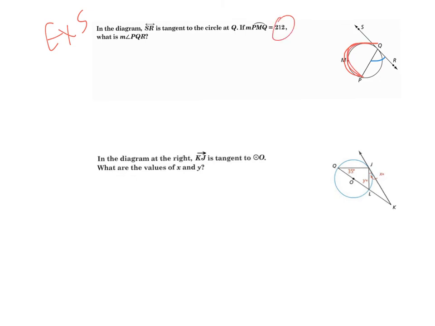It's 212. According to theorem 12-12, the angle that is created by a tangent line and a chord is half of the measure of the intercepted arc. So basically, angle PQS is equal to 1/2 of the arc PMQ.